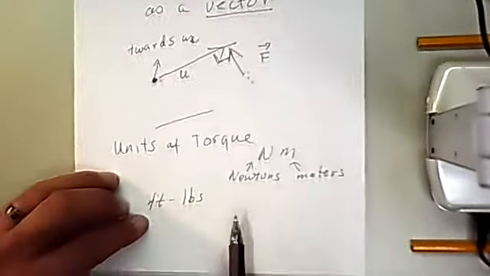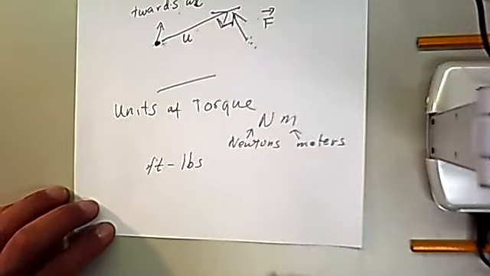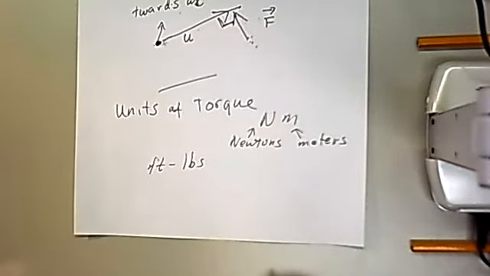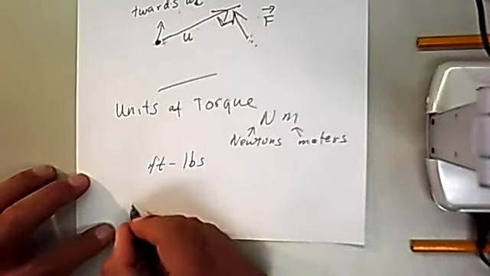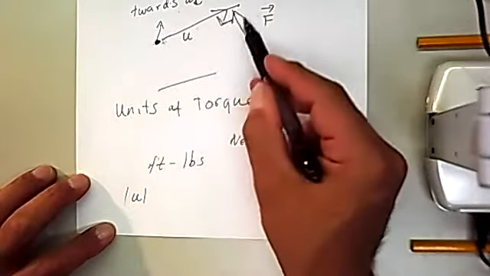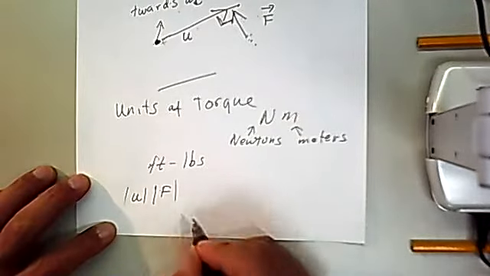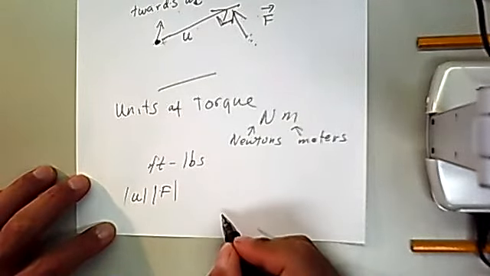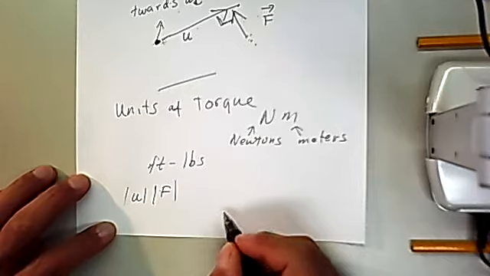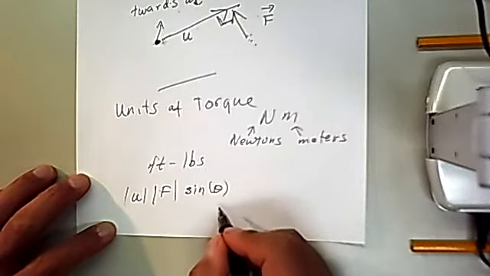If the angle is not 90 degrees and you want to know the magnitude of the torque, then multiply the length of the lever by the magnitude of the force, and then multiply by the sine of the angle instead of multiplying just by 1.